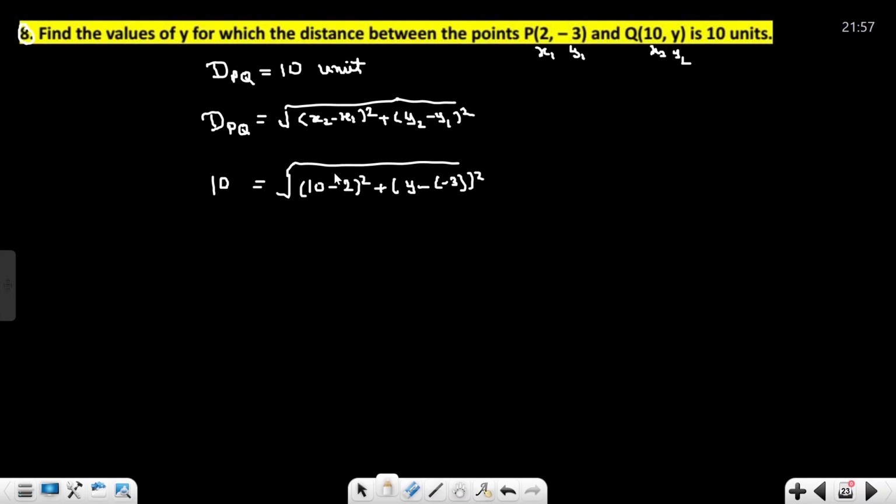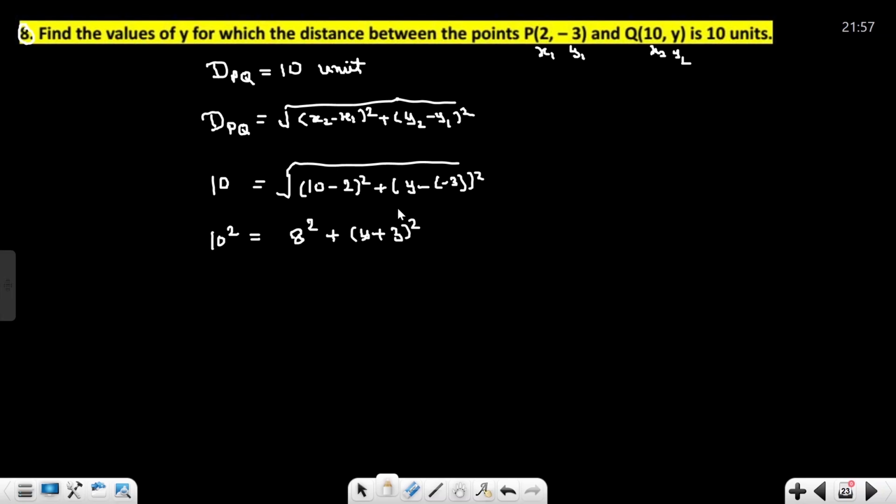Remove the root from the right-hand side, so on the left-hand side take the square. So (10 minus 2, 8) square plus (y minus minus, plus 3) square.